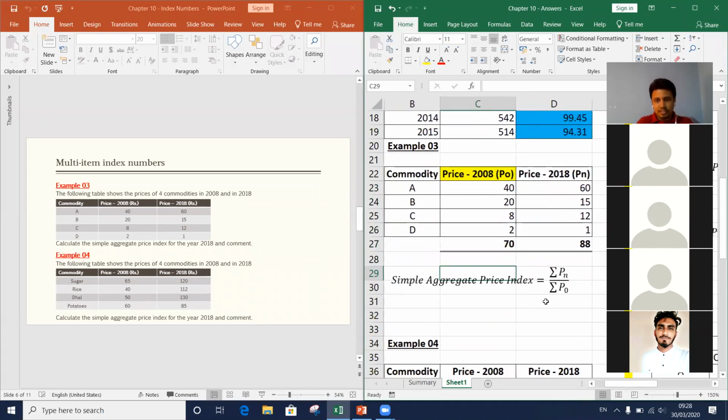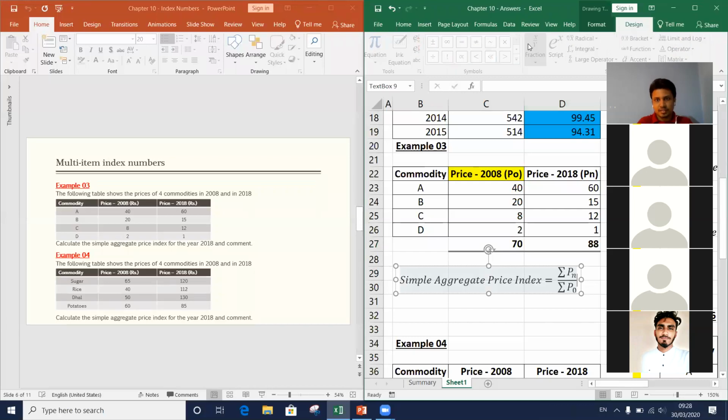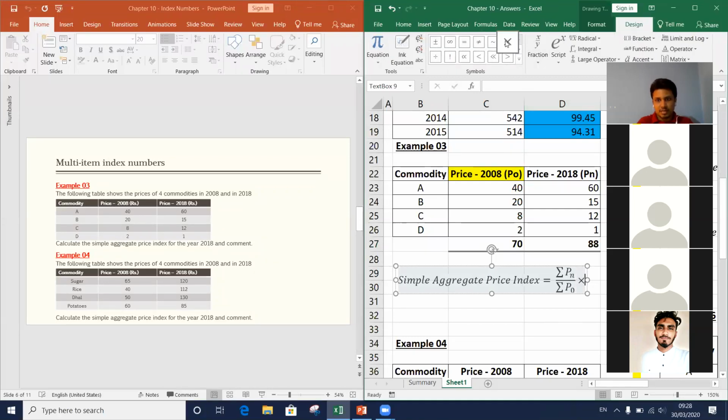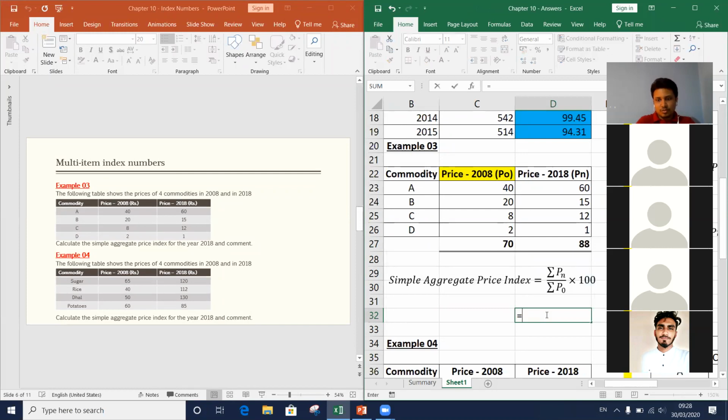Then how can we calculate the simple aggregate price index? So this again needs to be multiplied by 100. Sigma Pn, the value is 88.